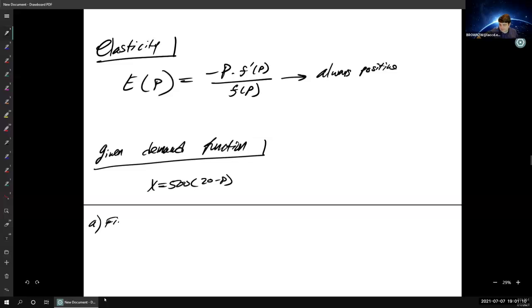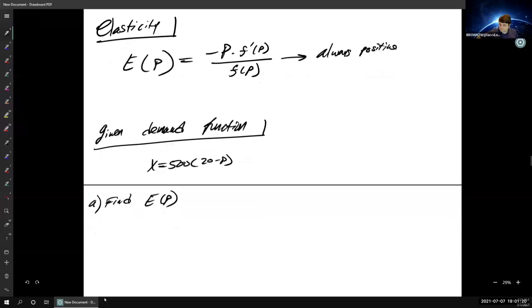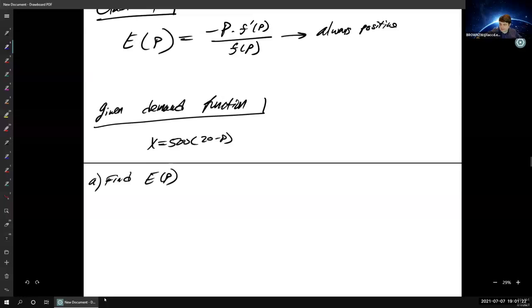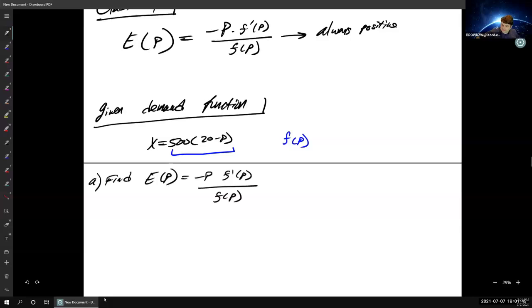Part A, find the elasticity function E of P. Okay, so technically right here, even though this was given as an x equals, this is technically my function, my F of P. So once again, E of P in general is negative P times F prime of P all over F of P.